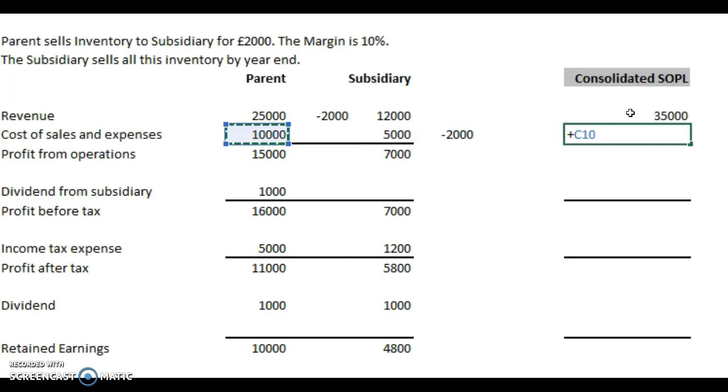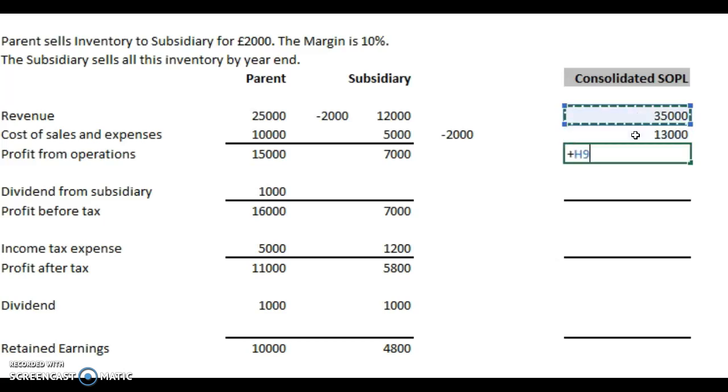Cost of sales and expenses, 1,000. Add on the subsidiary's cost of sales. Oops. And we also need to add on the adjustment. Add on the adjustment of the 2,000 inter-entity sales. So that's 1,000 plus 5,000 minus 2,000, 10,000, 15,000 minus 2 is 13,000.